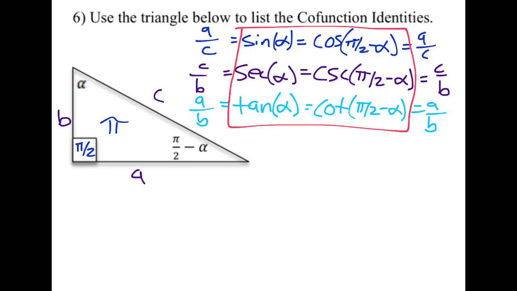That's why they are called co-functions, because they complement each other, kind of like complementary functions, because two complements mean the two angles add up to pi over 2, or 90 degrees. So think about this quadrant right here. Imagine that full quadrant is pi over 2, because that's the same as 90 degrees.